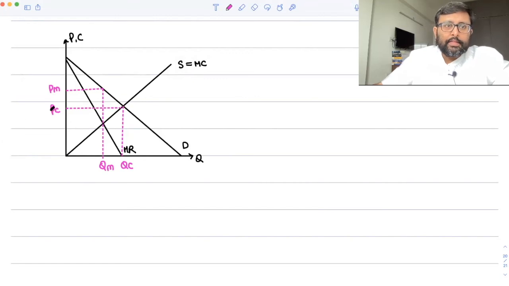Okay. Now, what happens is that in case the society is going to shift from having a monopoly to a competitive firm, then earlier consumer surplus was this much, right? In case of monopoly, this was the consumer surplus. Now, the consumer surplus is going to be this much.